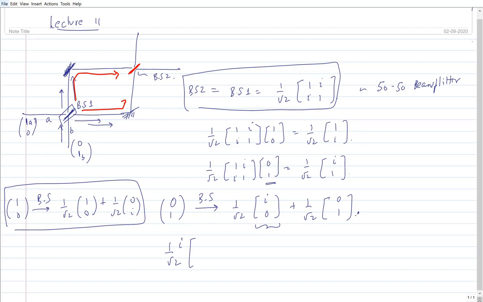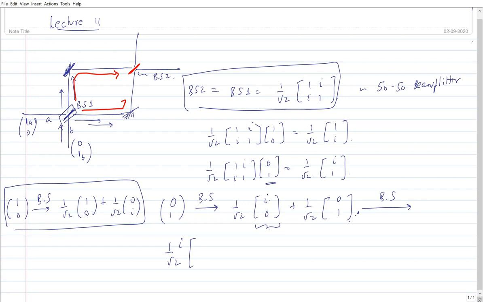Now I'm going to apply again the beam splitter on these two. This was the first beam splitter, then the second beam splitter.